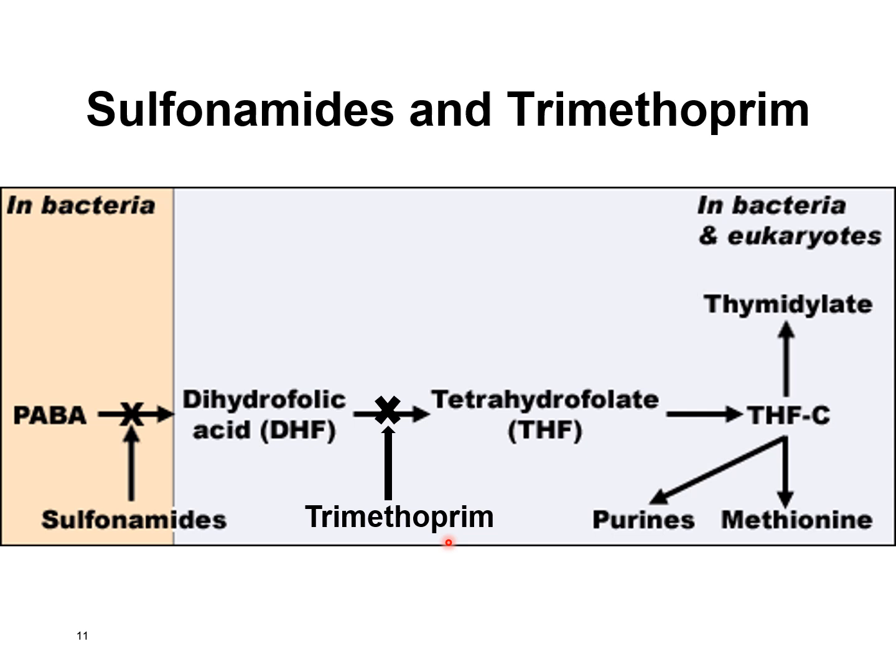Both of these are competitive inhibitors, competing with the substrate to block those enzymes. So if we block both steps, we definitely are going to be blocking the synthesis of the folic acid, and then they won't be able to make their purines and pyrimidines and be able to make the nucleotides and the nucleic acids.